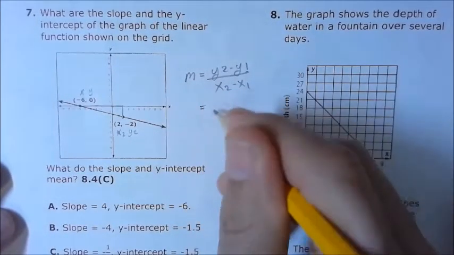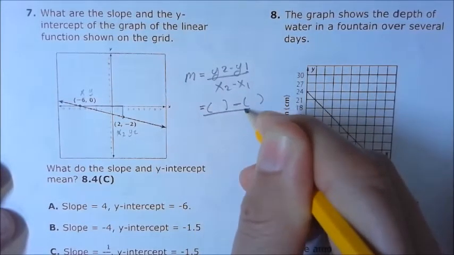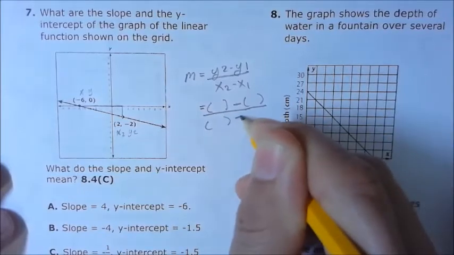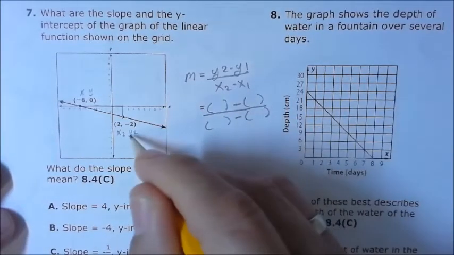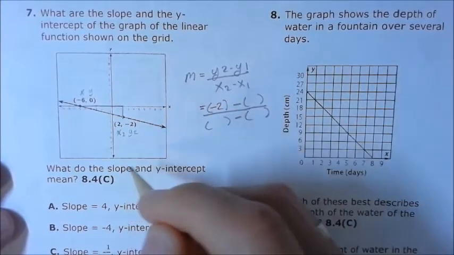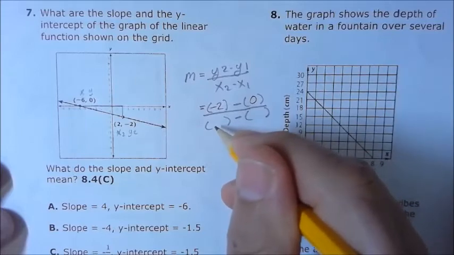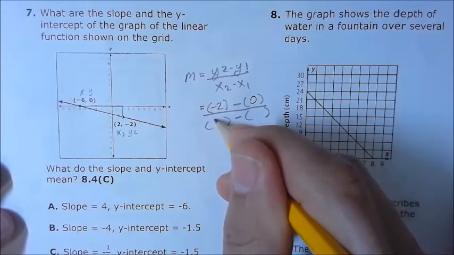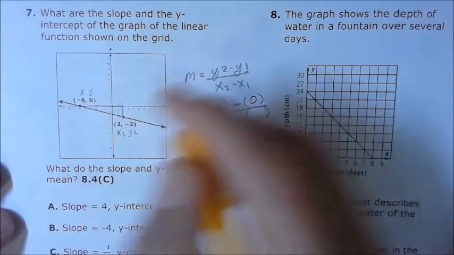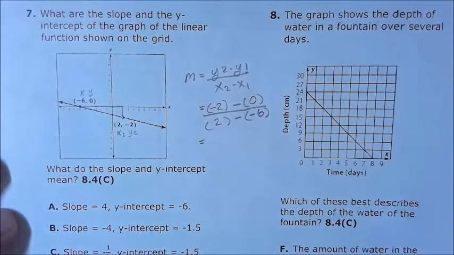So let's see, we have y2 minus y1 over x2 minus x1. So my y2 is negative 2. I can clearly see that. And my y1 is 0. And then my x2 is positive 2. And my x1 is negative 6.